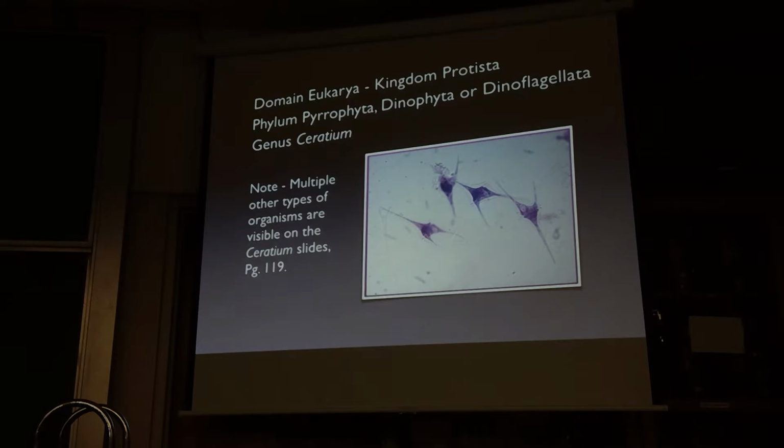They're multicellular organisms, and they're just randomly scattered about on the slide. So if you find things on that slide that don't look like anything you've ever seen before, don't look at it. Find the Ceratium. They're on there. But in an exam, you would have the slides positioned so, again with the pointer, my job on the exam is to make sure that what you're looking at is Ceratium, as opposed to some of the other junk on there.